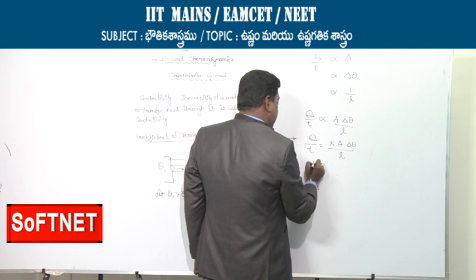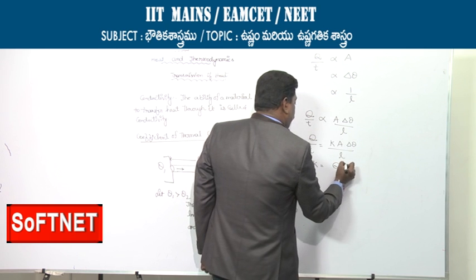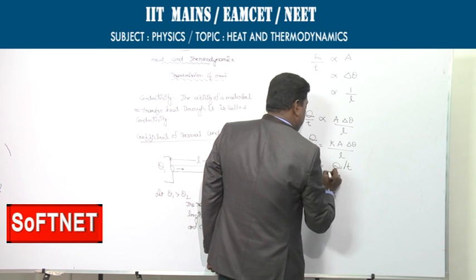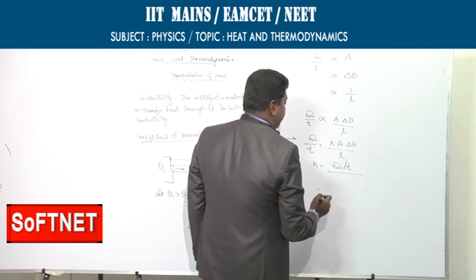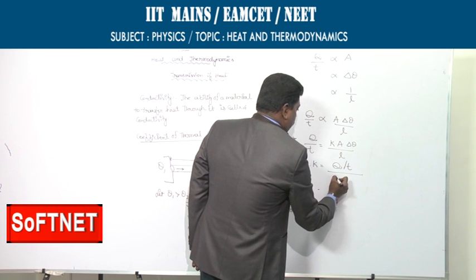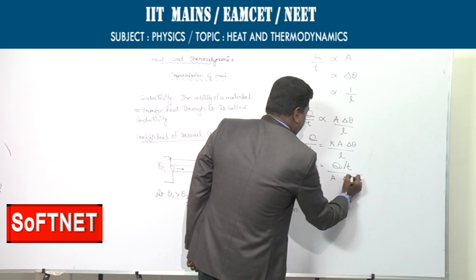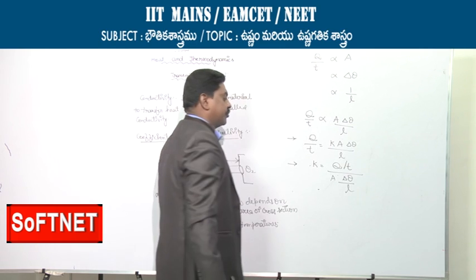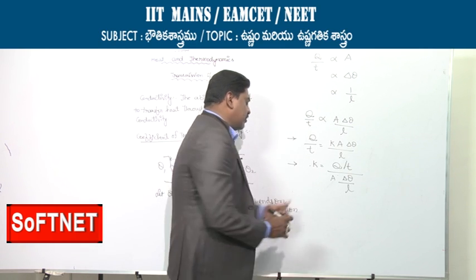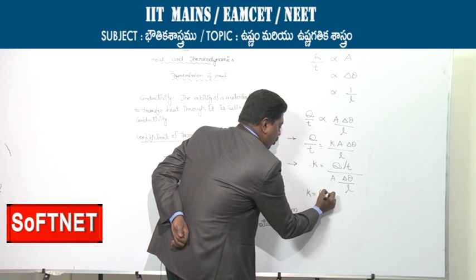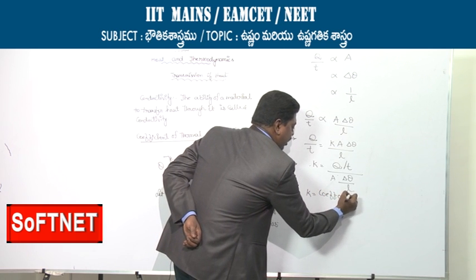K is given as Q by T divided by A delta theta by L, and K is called coefficient of thermal conductivity.